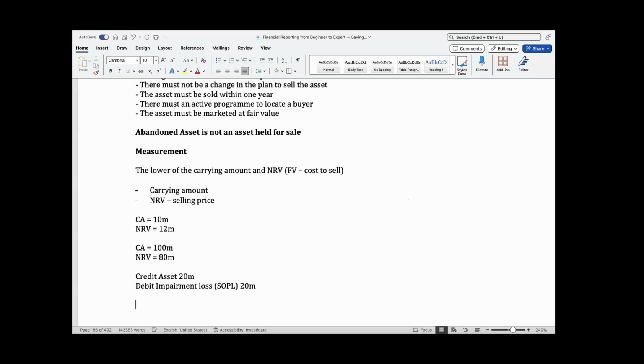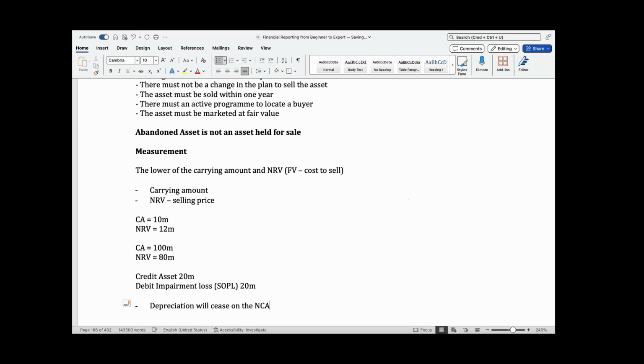Now, the second thing in measurement is that when you classify a non-current asset as held for sale, depreciation will cease. As soon as you classify a non-current asset as held for sale, you stop depreciating that non-current asset.